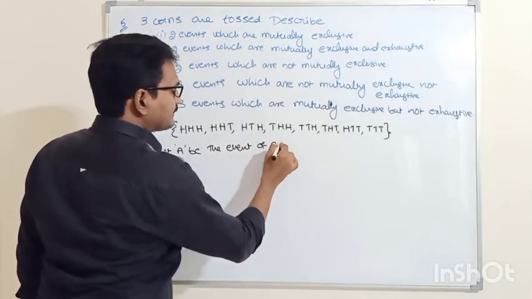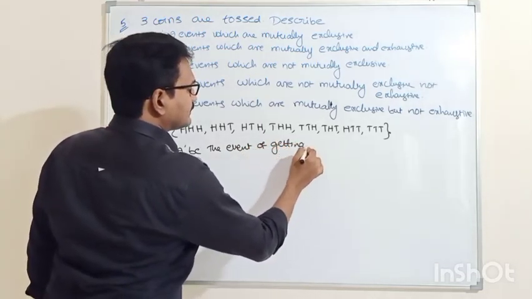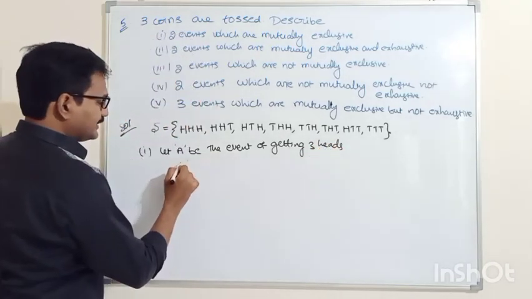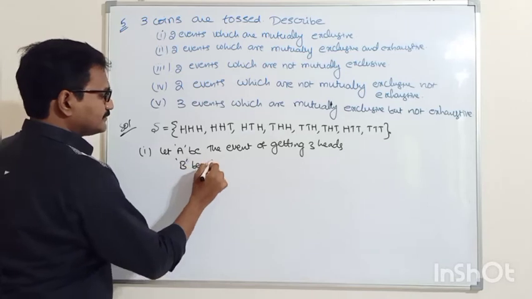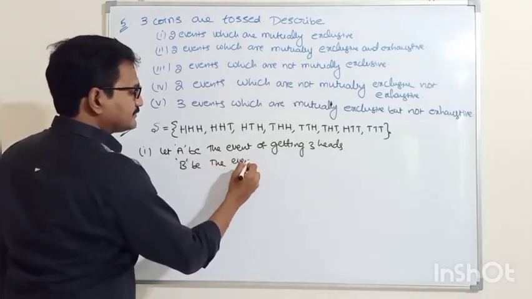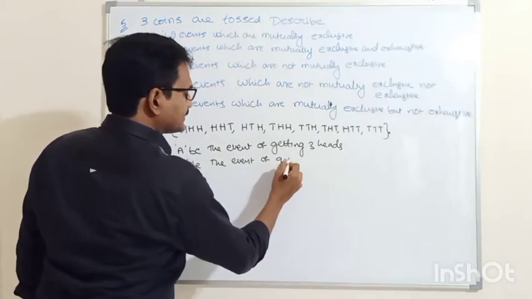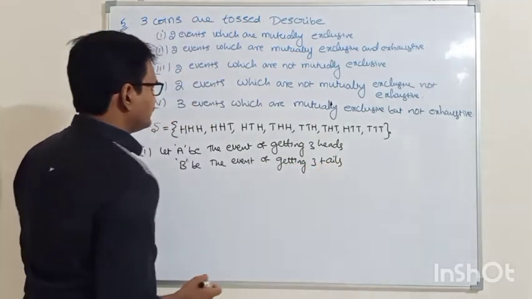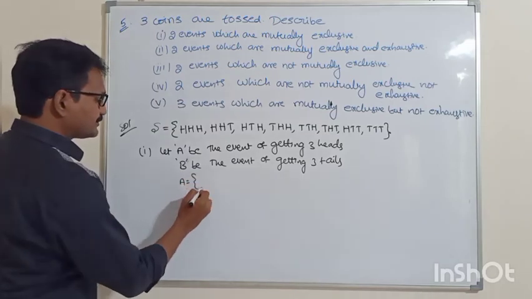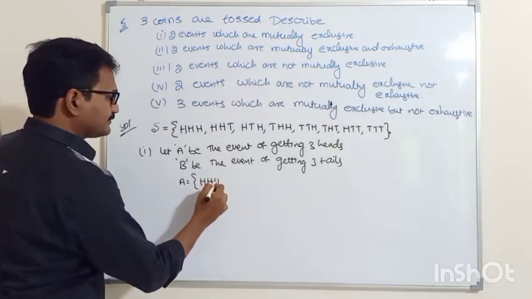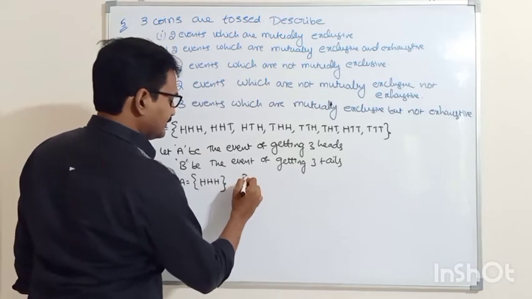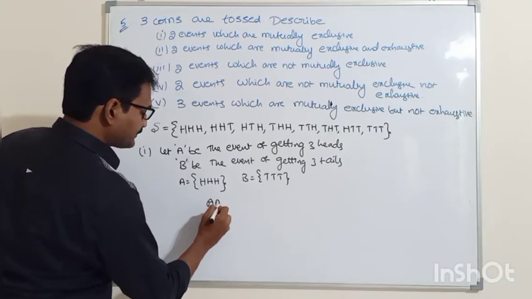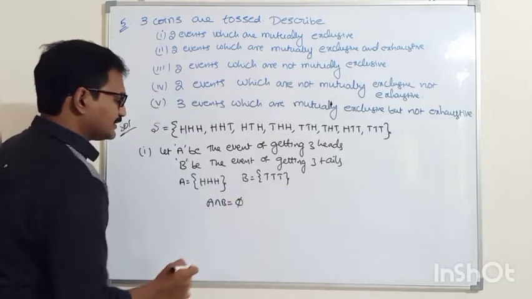Let A be the event of getting 3 heads and B be the event of getting 3 tails. If you observe these two, what is event A? Triple heads, getting 3 heads. Event B is triple T. So what is A intersection B? A intersection B is equal to the null set.